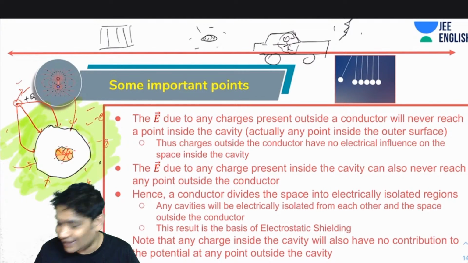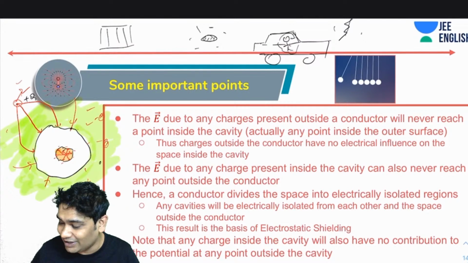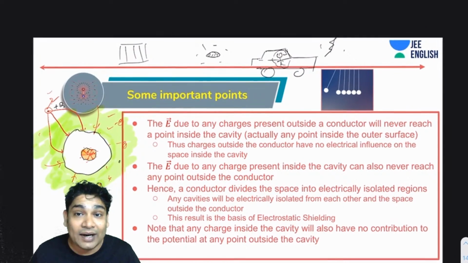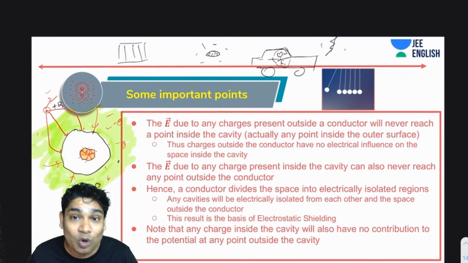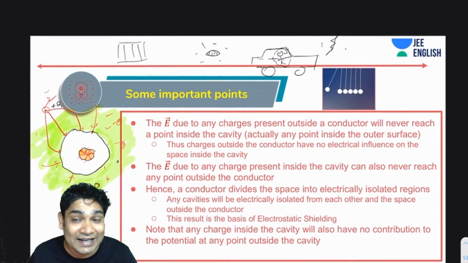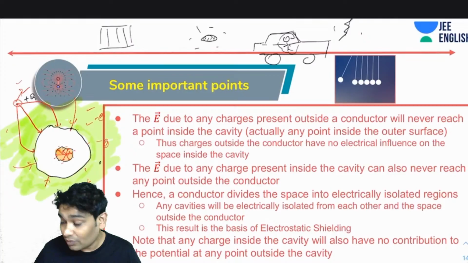That is called a Faraday's cage. Anyways, they don't ask you much about this in your JEE, but yeah, they can ask you conceptual questions about shielding. Alright, note that any charge inside the cavity will also have no contributions to potential at any point outside the cavity. So please remember that.